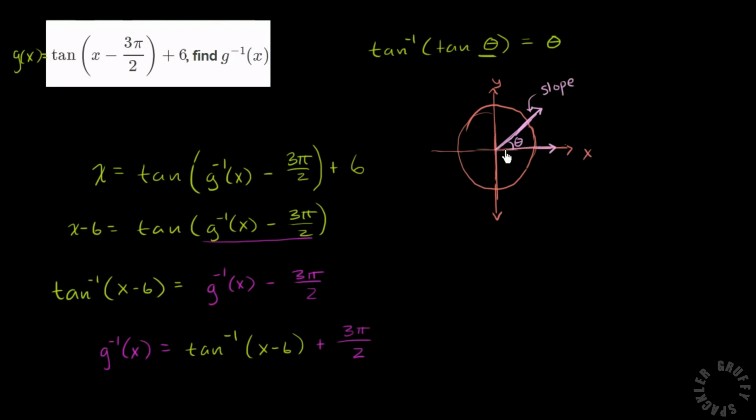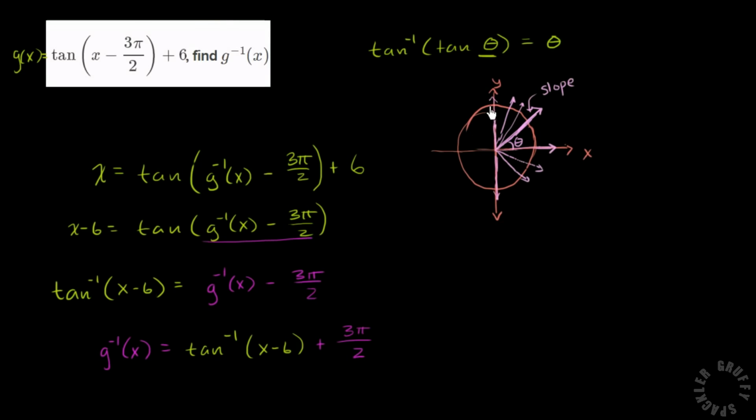And you can get a tangent of any theta except for a few. You can find the slope there, there. But the place where you can't find the slope is when this ray goes straight up, or this ray goes straight down. Those are the cases where you can't find the slope.